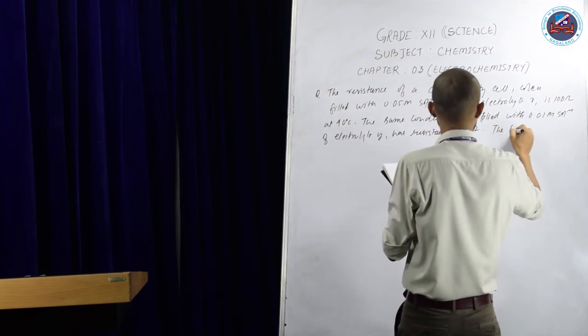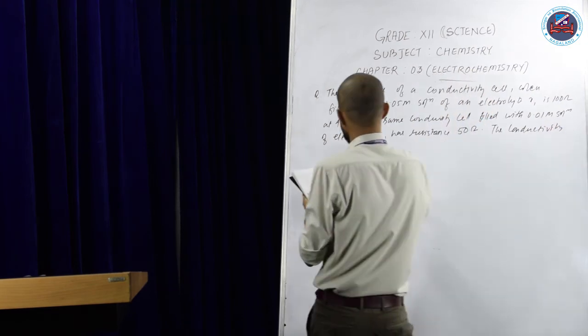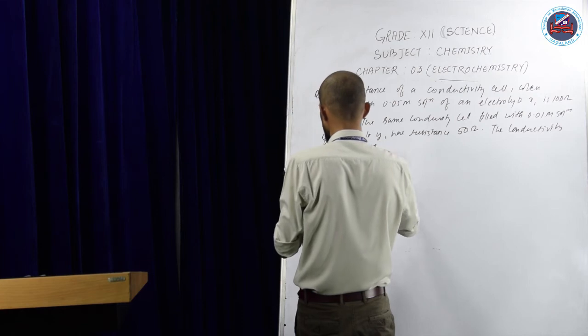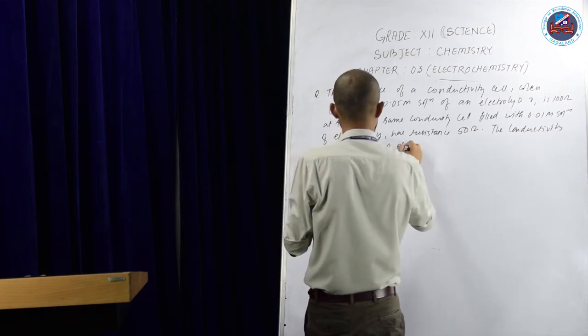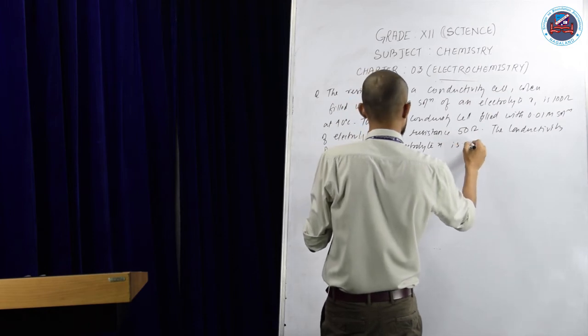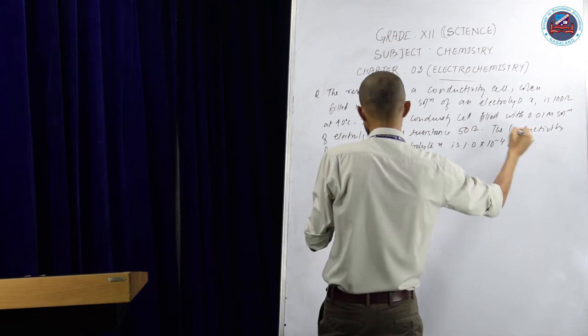The conductivity of 0.05 molar solution of electrolyte X is 1.0 multiplied by 10 to the power minus 4 Siemens per centimeter.